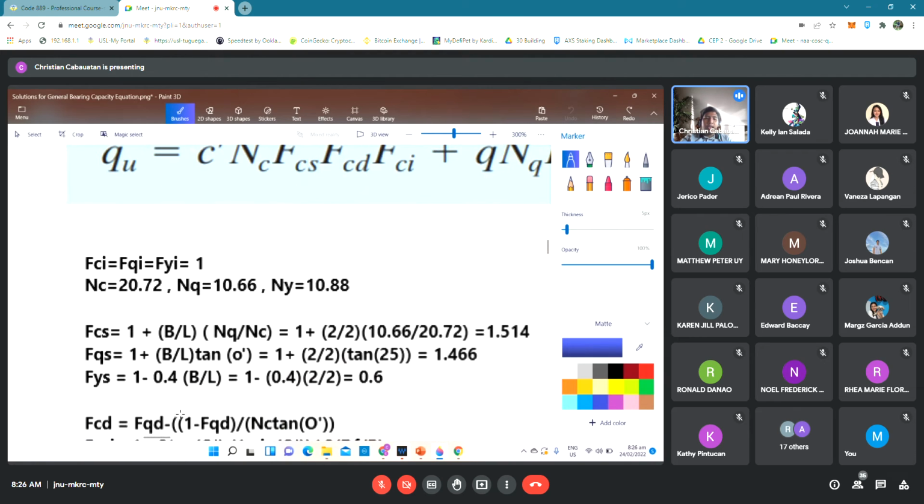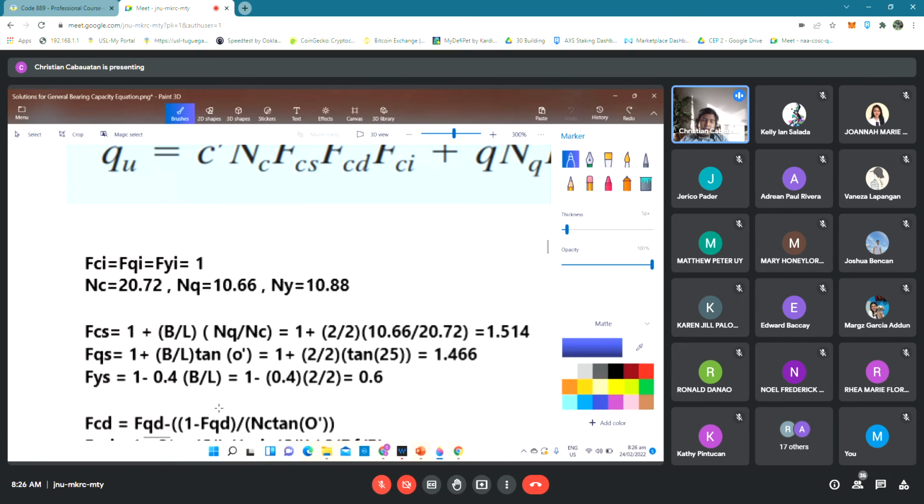Then FCD can be computed as the use of FQD. So FCD is equal to FQD times the quantity 1 minus FQD divided by NC tan of the friction angle.